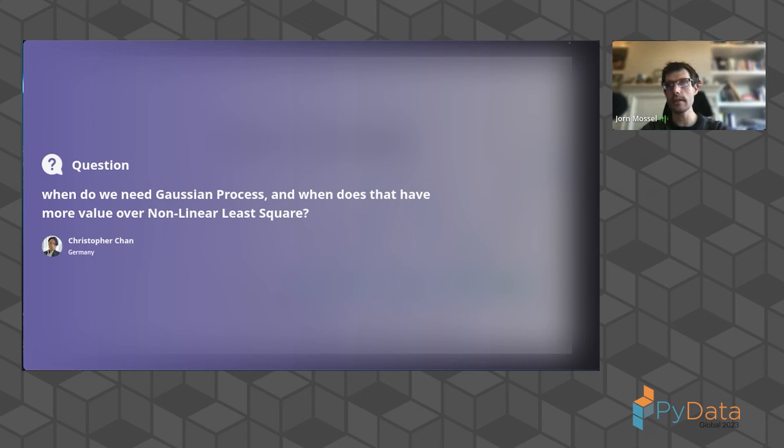So I don't think there is an easy equivalent for a non-Bayesian way. But the Gaussian process is a very wide subject. I've only scratched the tip of the iceberg and focused on a very specific application.